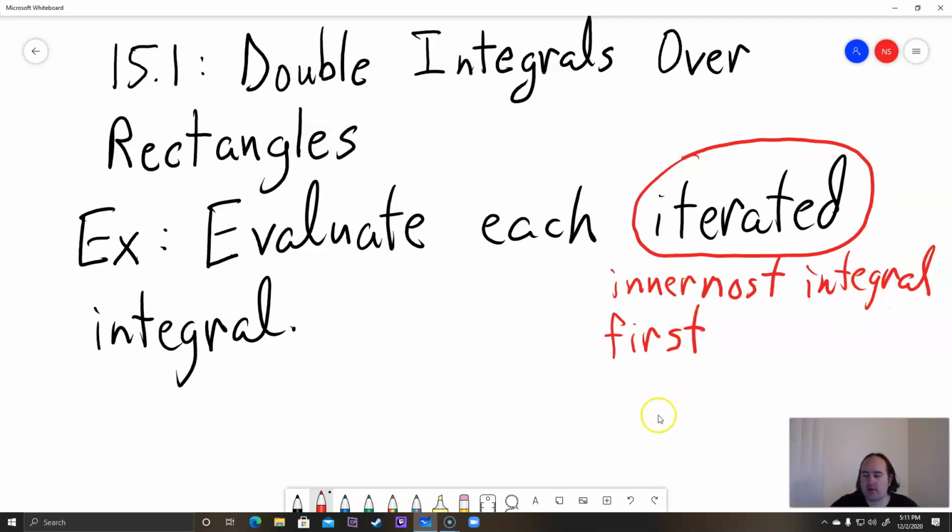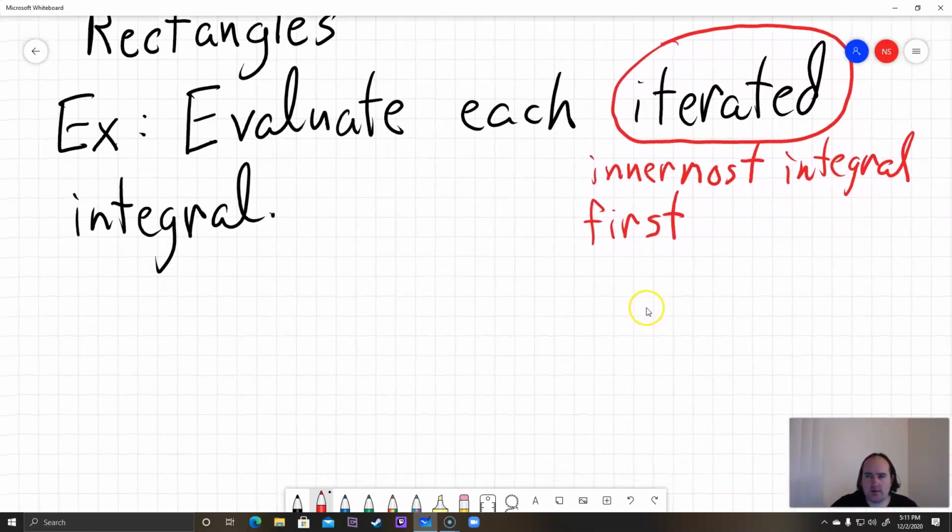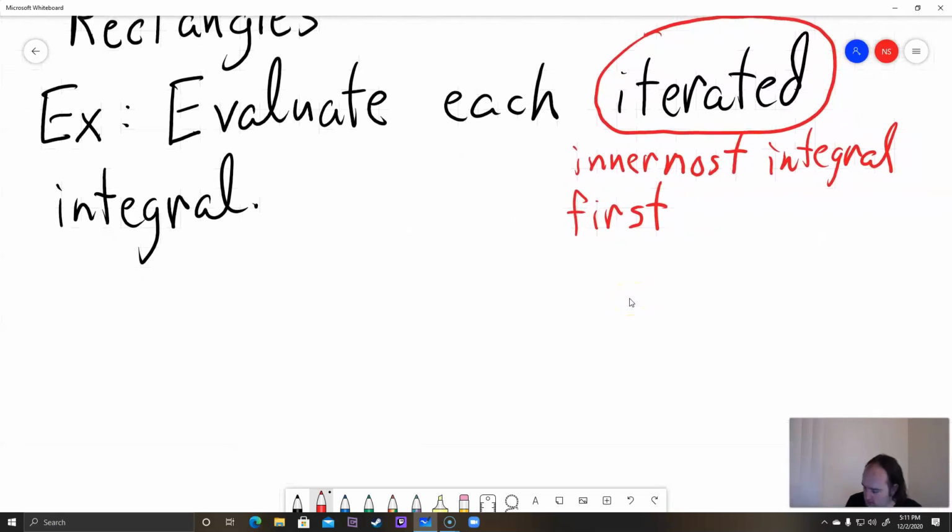And what does a double integral look like? You just write the integral symbol twice. For our first example, we're going from -1 to 2 for the outer integral, and from 0 to 1 for the inner integral.